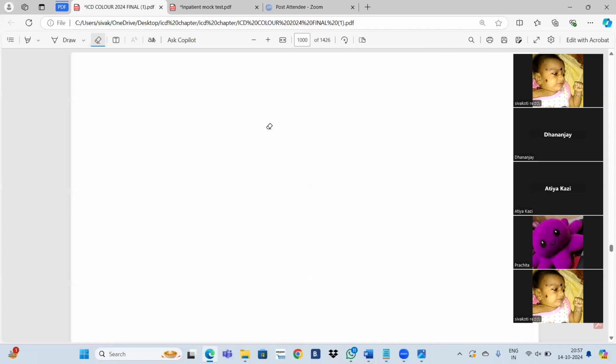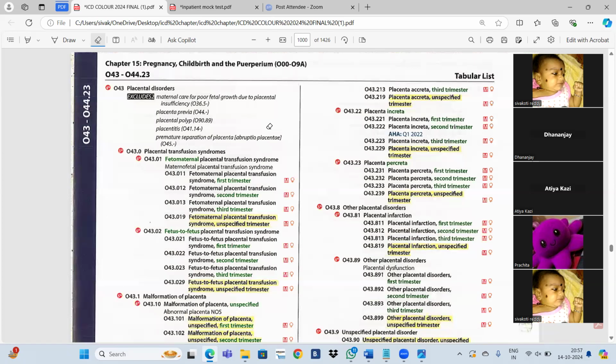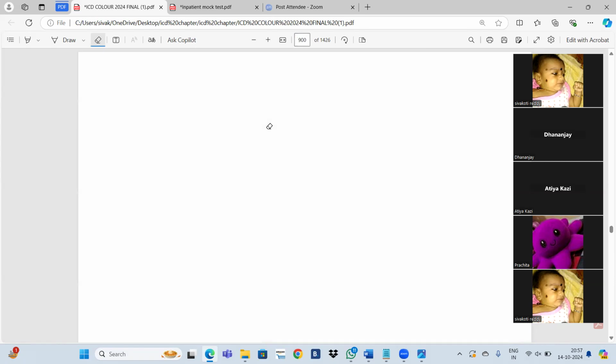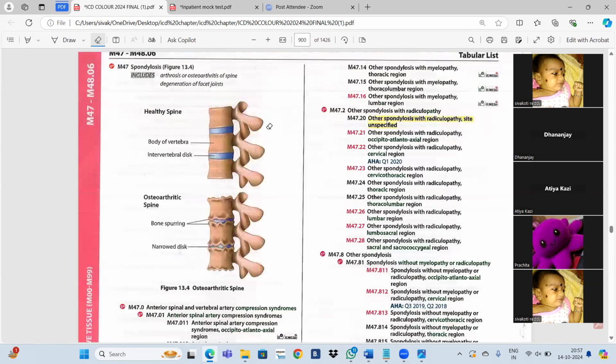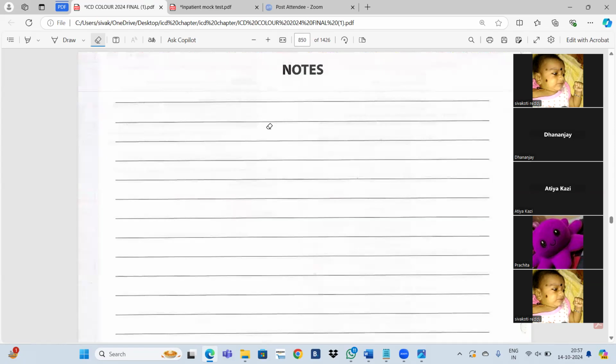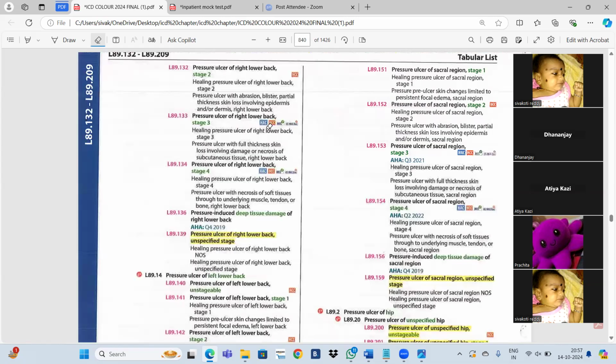They are not life-threatening, just severe.